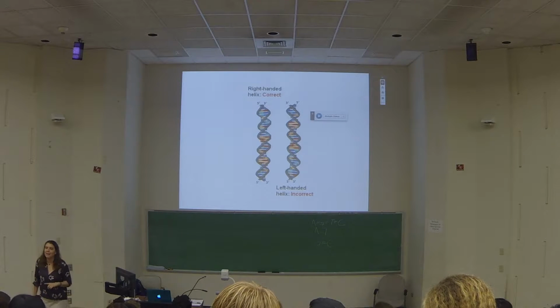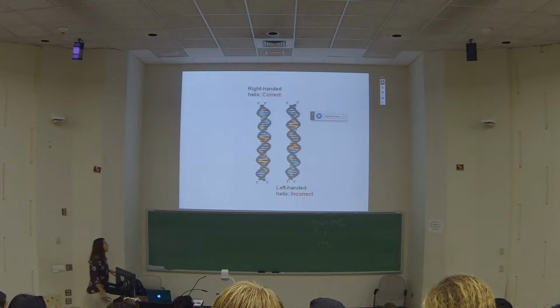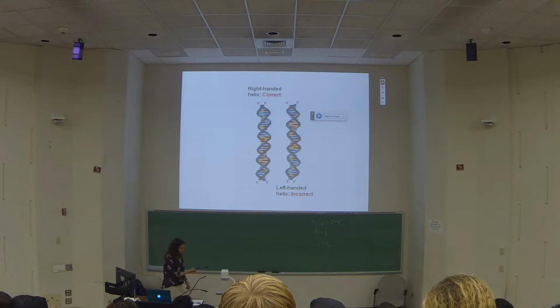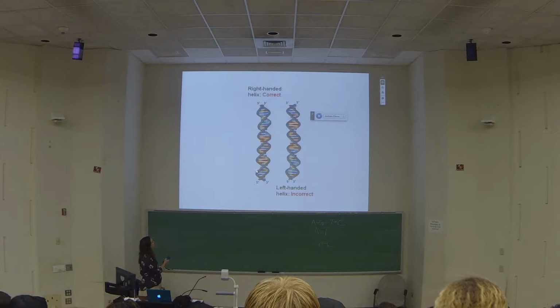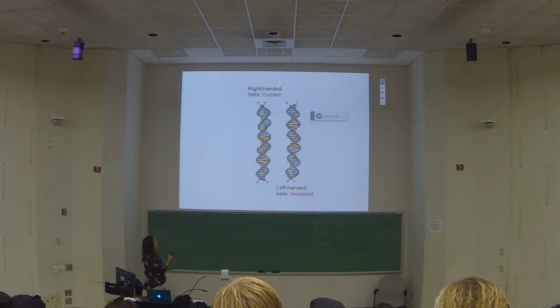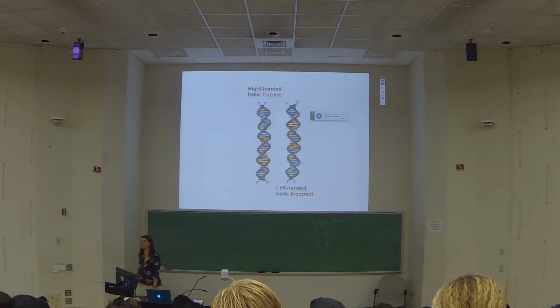So DNA is a right-handed helix. You can tell which way a helix is turning by looking at the strand of DNA as it comes over the top. Which way is it going up? So this is going up and to the right. That's a right-handed helix.